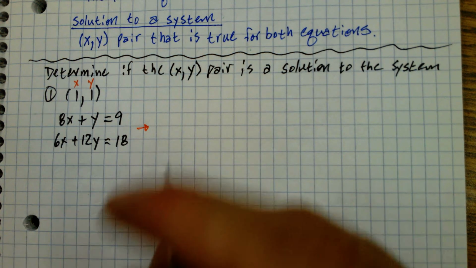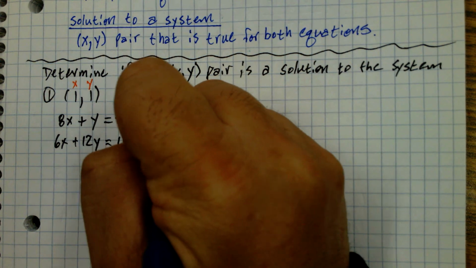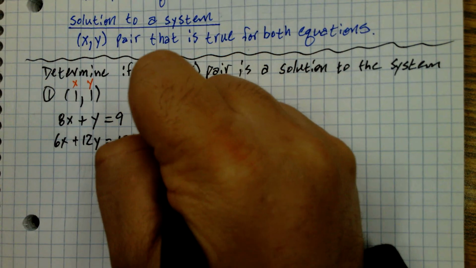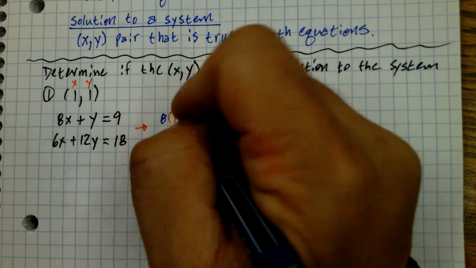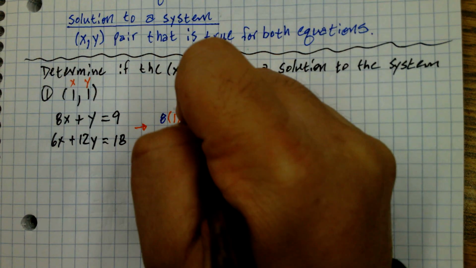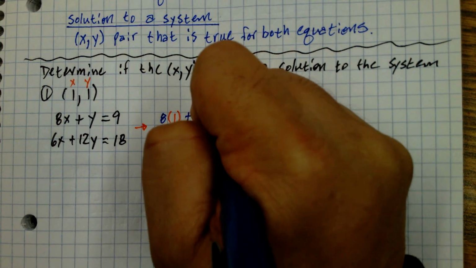So here we go. So I got 8x, which means 8 times x. So in this case, it's going to be 8 times 1, because I'm replacing x with 1. And then plus y. So I'm going to replace y with 1 as well, because that's what we're checking. And we're going to see if that equals 9.